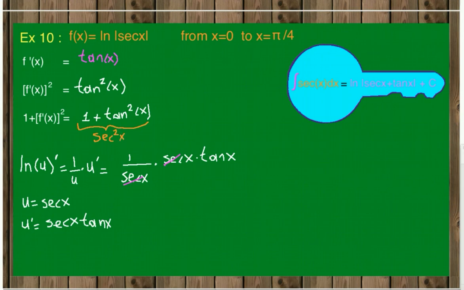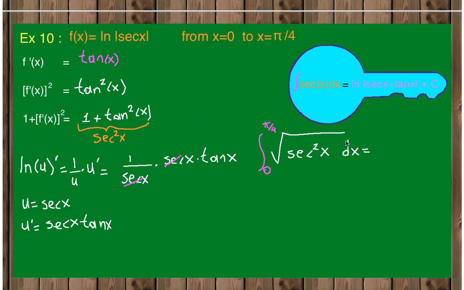Now we can set the integral. Integral from 0 to pi over 4 of the square root of 1 plus f prime x squared, which is here secant squared of x, dx, equals integral from 0 to pi over 4.